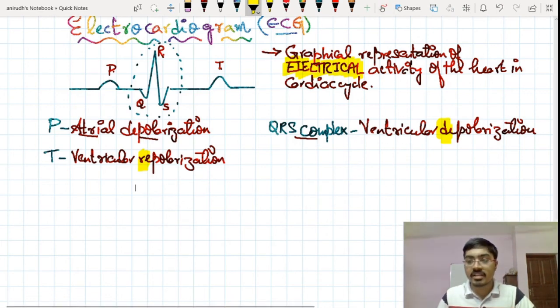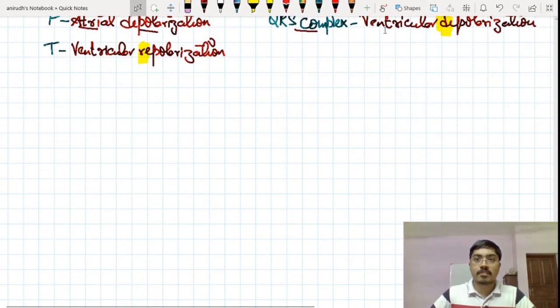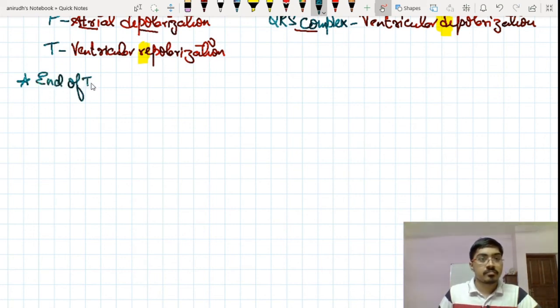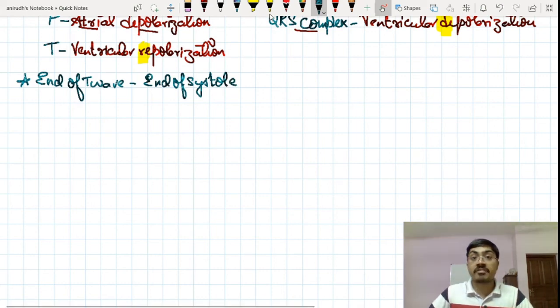Once you are familiar with this, let us understand certain other points which are very important. If you talk about the end of the T wave, the end of the T wave is the end of systole. It is a direct NCERT statement.